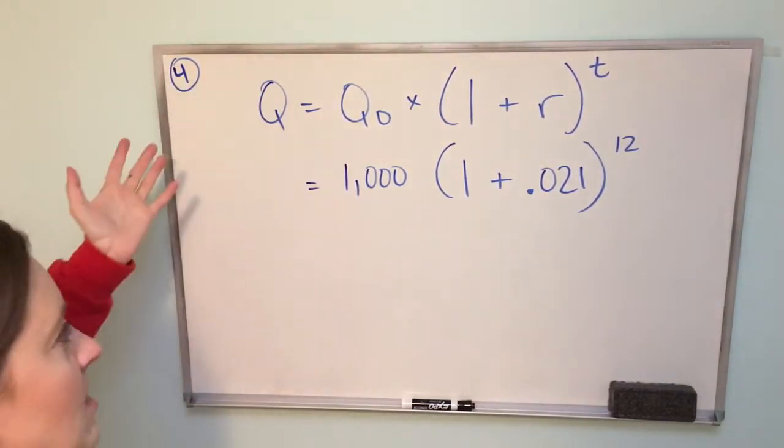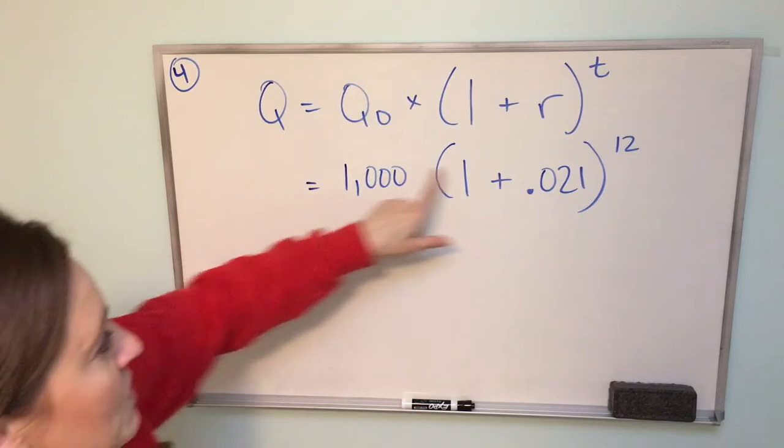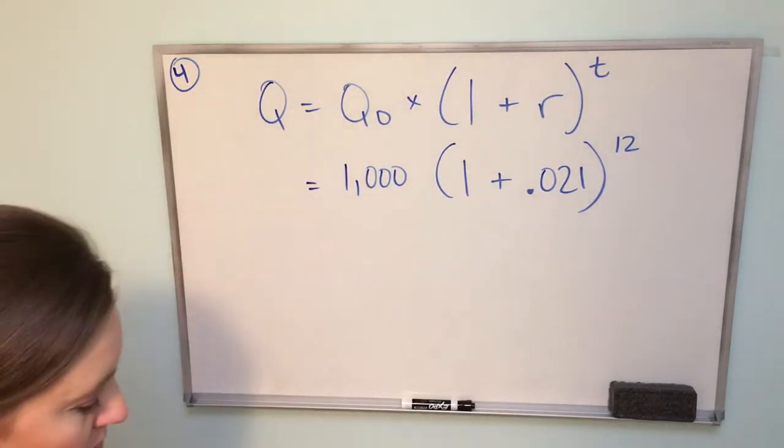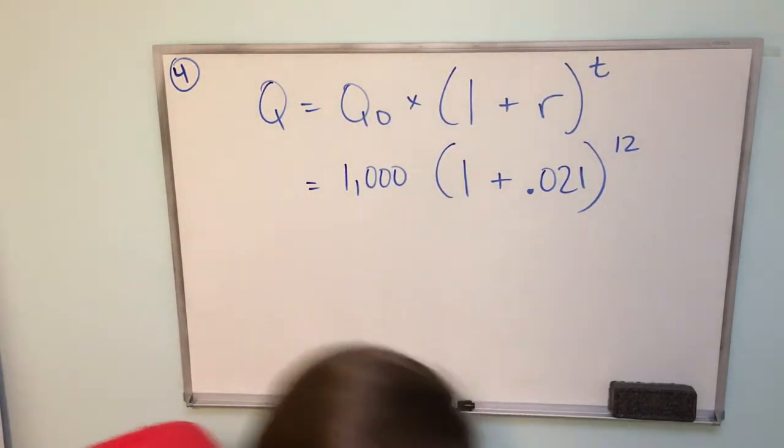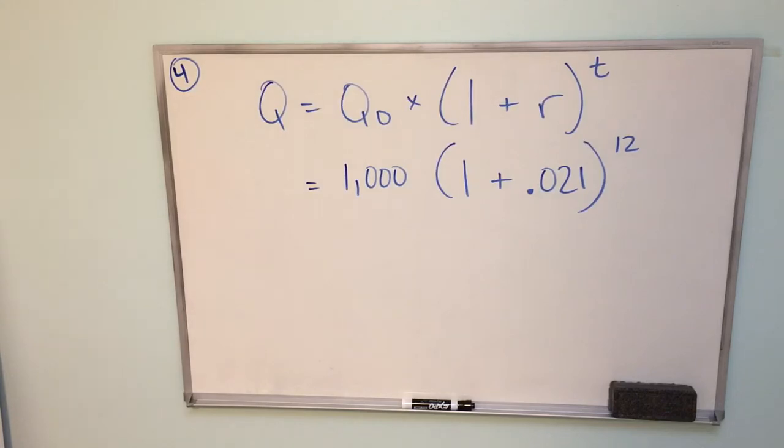I just picked 1,000 because it's an easy number. So now we'll do this math and we'll find a new number, and then I'll show you how we'll compare them. So I get 1.021, and I have to raise that to the 12th power, because remember, it's happening 12 times over 12 months, each month.